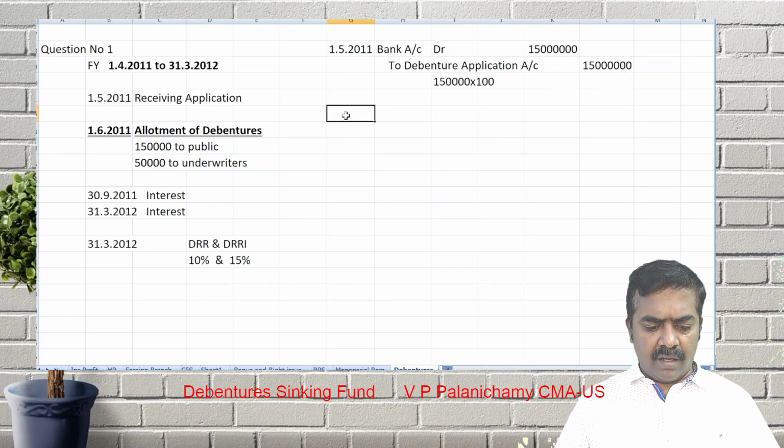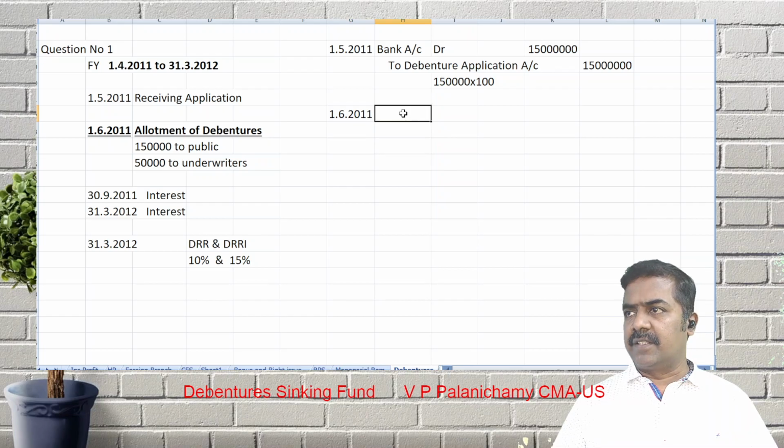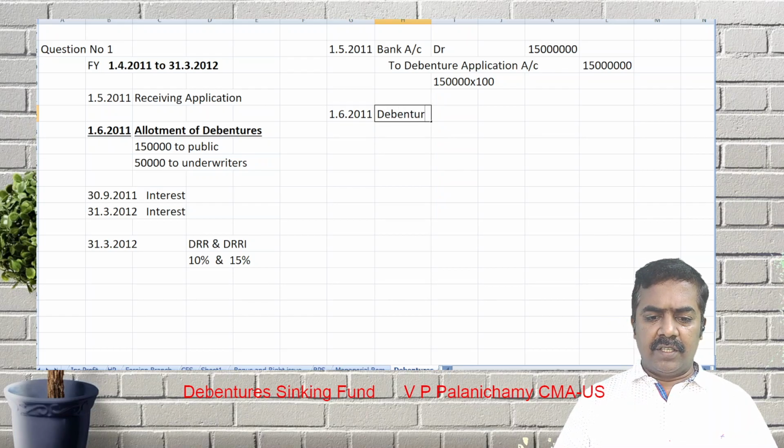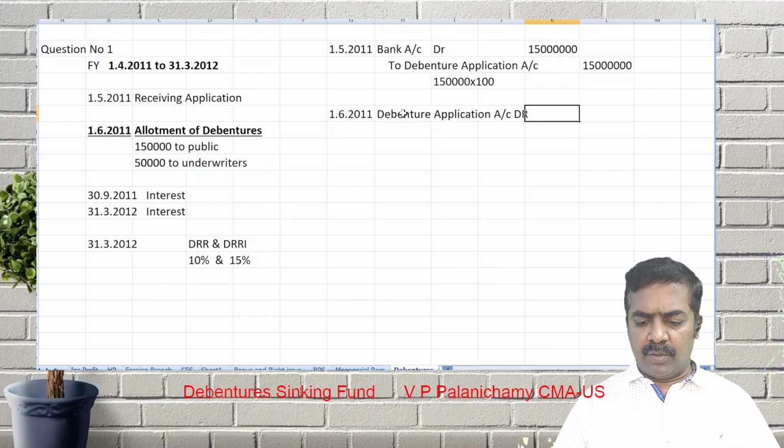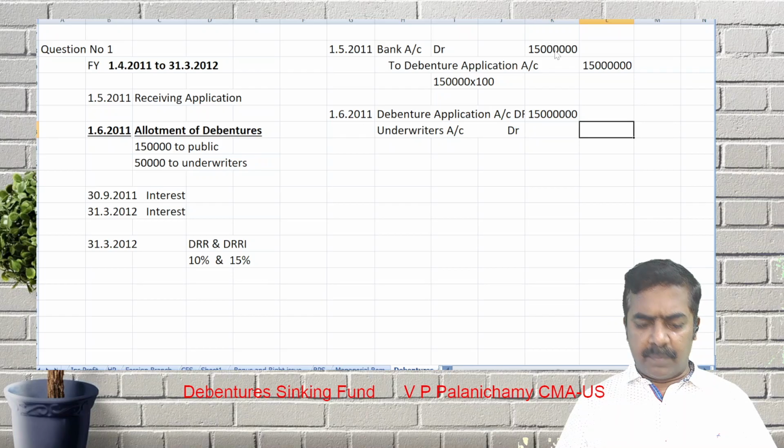Then on 1/6/2011, what happens? We are allotting debentures. Debenture application account debit, this 1 crore 50 lakhs. Then for underwriters also, underwriters account debit. How many debentures should be allotted to them? 50,000 debentures into 100, how much? 50 lakhs.